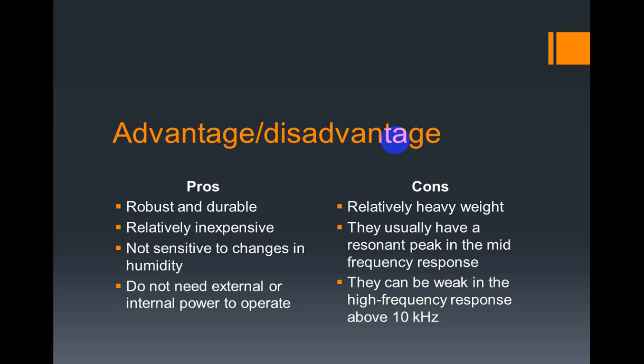They do not need external or internal power to operate. But the disadvantages are that dynamic microphones are heavy in weight. They usually have a resonant peak in the mid-frequency response, and they can be weak in the high-frequency response above 10 kHz.